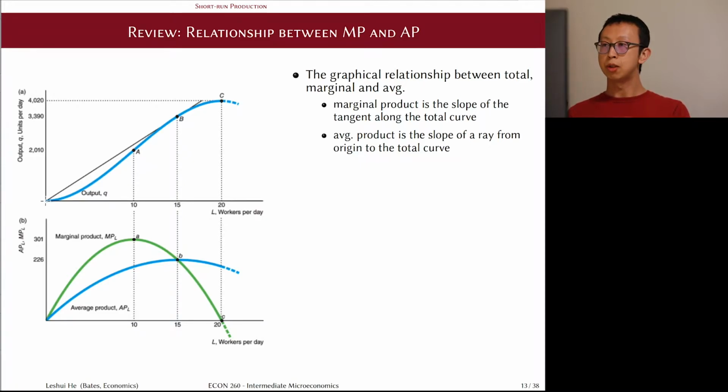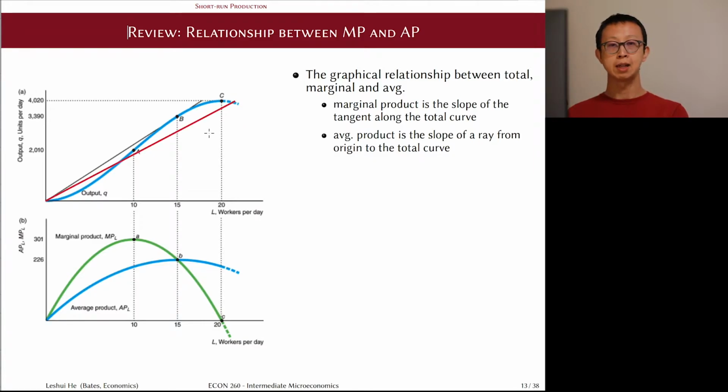If we draw a ray from the origin and point at different points along this total product curve, we realize that the slope of this ray starts out relatively low, and then gradually increases, becoming steeper and steeper, passing point A and still getting steeper, up until point B, where the slope of the ray reaches the maximum, and then it starts to become flatter and flatter, meaning the average product of labor starts to decrease.